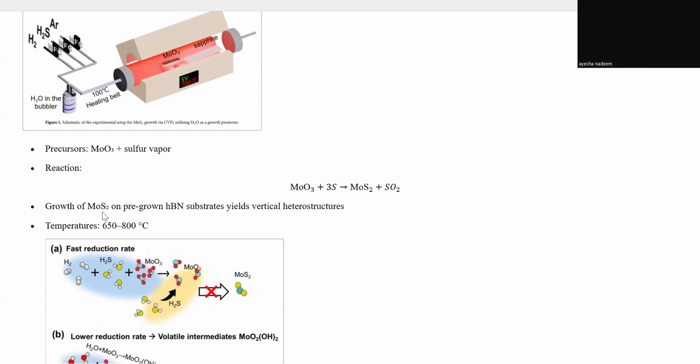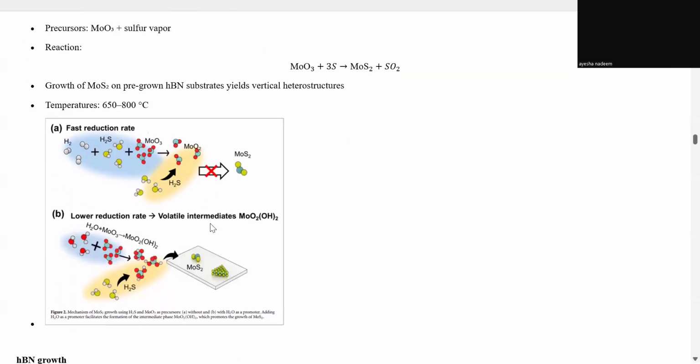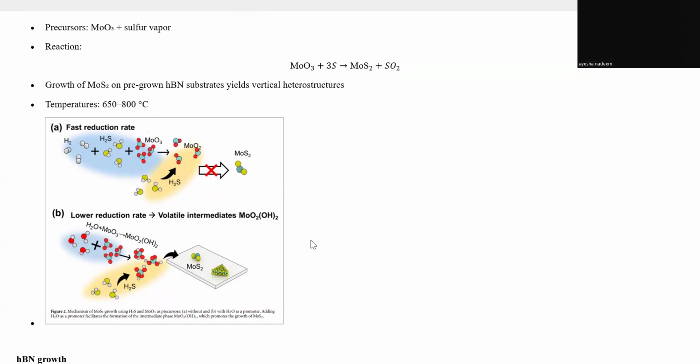The growth of molybdenum disulfide on pre-grown hBN substrates yields vertical heterostructures, and the temperature in which this reaction proceeds is 650 to 800 degrees Celsius. In this figure, there is a fast reduction rate. There is hydrogen sulfide and molybdenum trioxide.